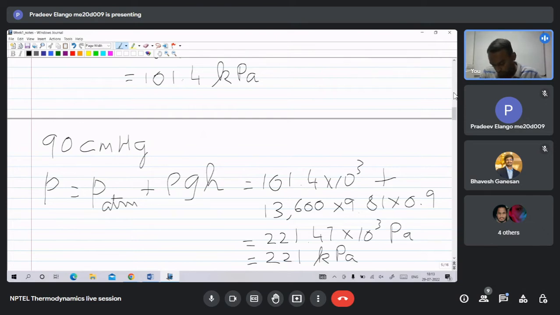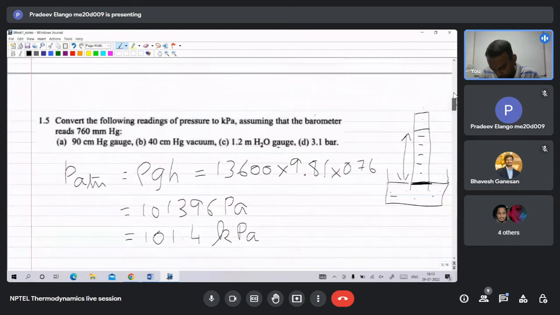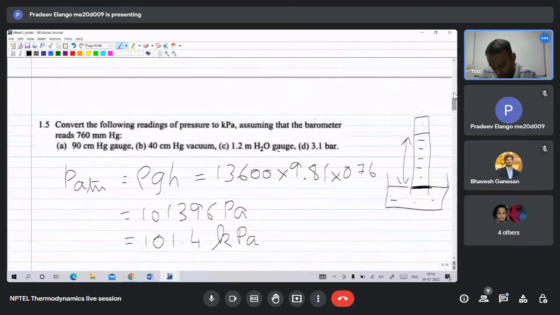So we know the atmospheric pressure using a manometer or a barometer, and based on the barometric reading we get the atmospheric pressure, and now we measure a gauge pressure that is over the atmosphere, and that is given as 90 centimeters.